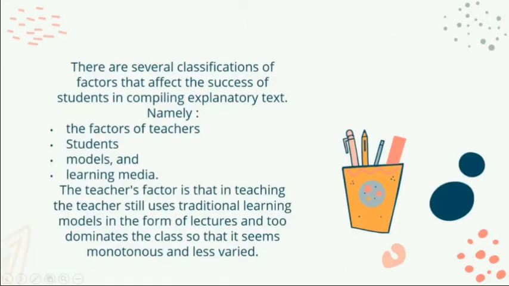There are several classifications of factors that affect the success of students in compiling explanatory text: factors of teacher, student, model, and learning media. The teacher's factor is that in teaching, the teacher still uses a traditional learning model in the form of lecture and dominates the class, so that it seems monotone and less varied.